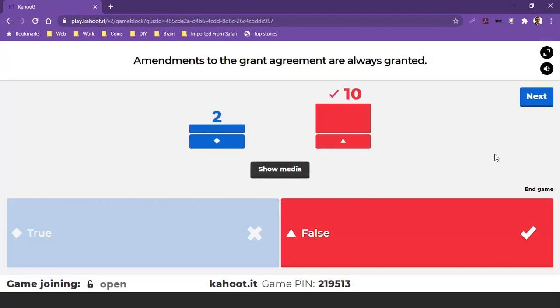For example, let's say with the pandemic right now, your project was about to finish in March, and you asked for an extension. It was not automatically guaranteed that you would get an extension. So it depends on the conditions of your grants, and it depends also on the Commission's perspective of why you're requesting the amendment. So again, the answer was false.